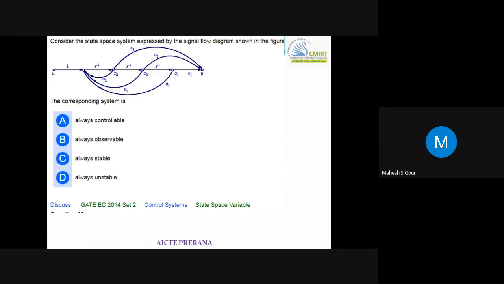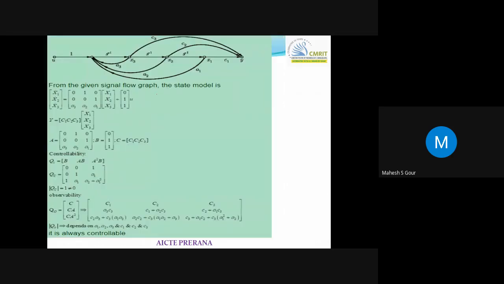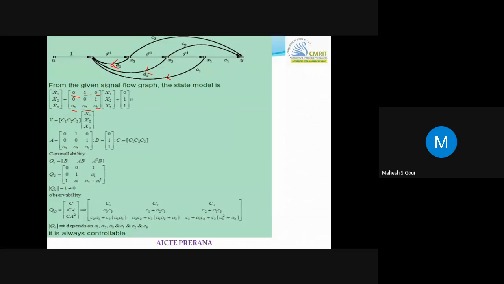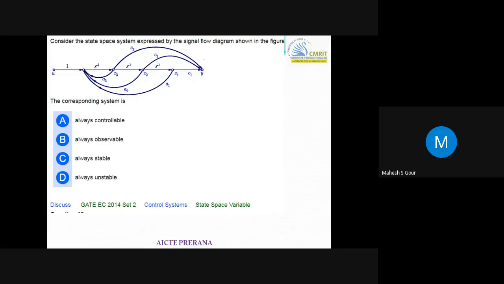So for controllable, how to solve this? This is a signal flow graph. As I said, 0, 1, 0, 0, 0, 1. So this A3 will come starting, A2 next and A1. Whatever the feedback is here, A2 will come next and A3. Right? And 0, 1, 1. How is it 0, 1, 1? See, what about C1? For this, the transfer function of B is given.